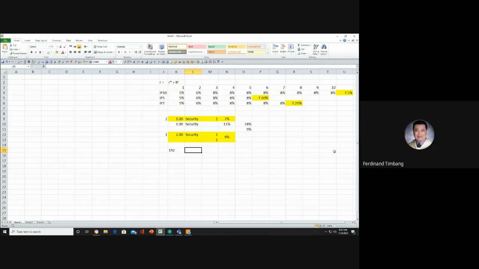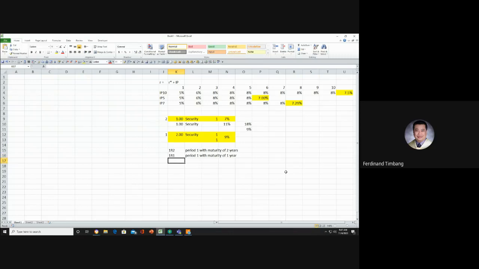So ibig sabihin yan, period 1 with maturity of 2 years. Okay? So yung sinabi naman ng isa, 1R1, so period 1 with maturity of 1 year. So yan yung ibig sabihin nun.